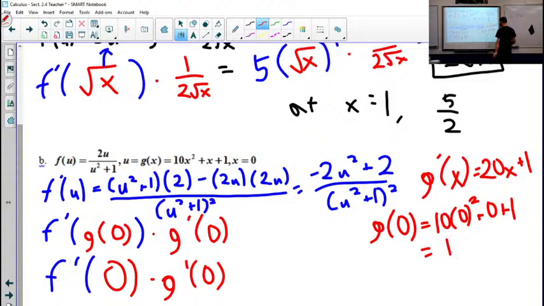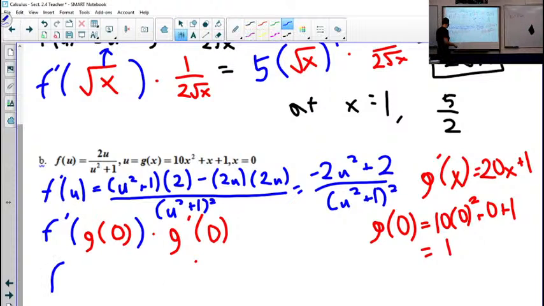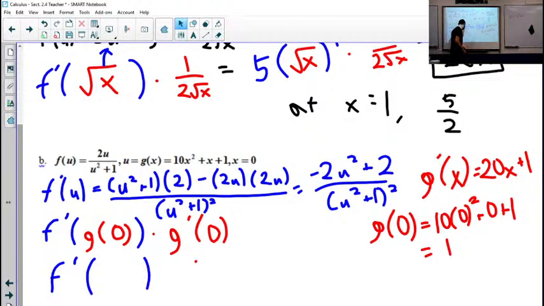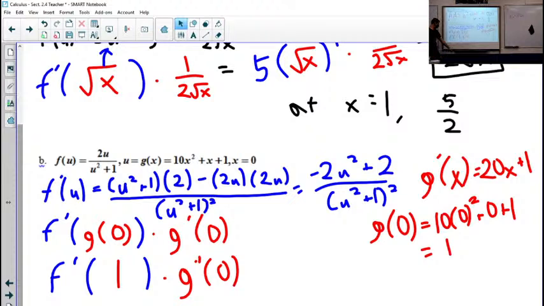So that's 1. So we want f prime of g of 0. Well, g of 0 was 1, times g prime of 0. That's going to equal f prime of 1.